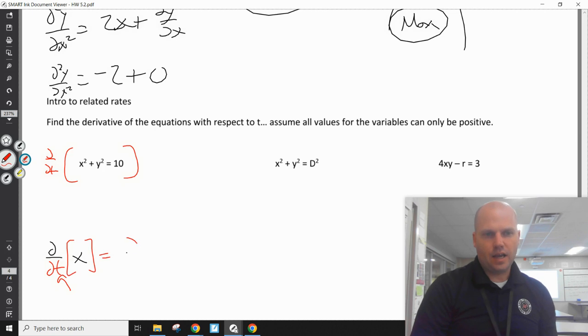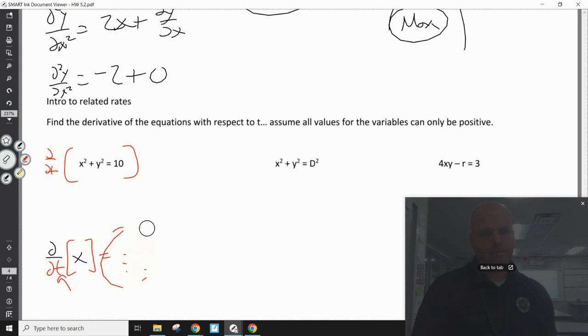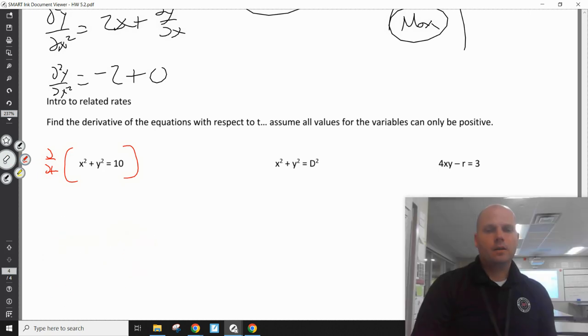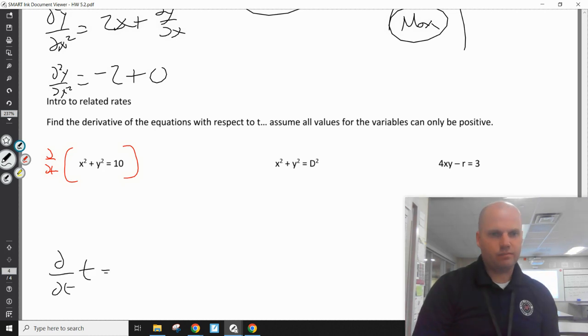I get dx dt. That is how quickly x is changing at a moment in time. Okay? That is the idea here. It is only t. How is time changing? Well, time is consistently changing. The derivative of t is 1 now.